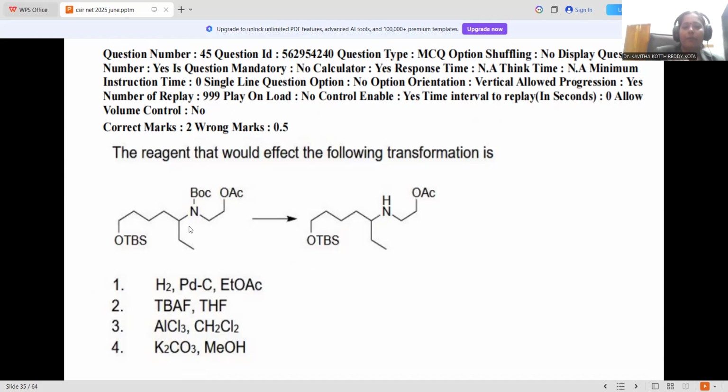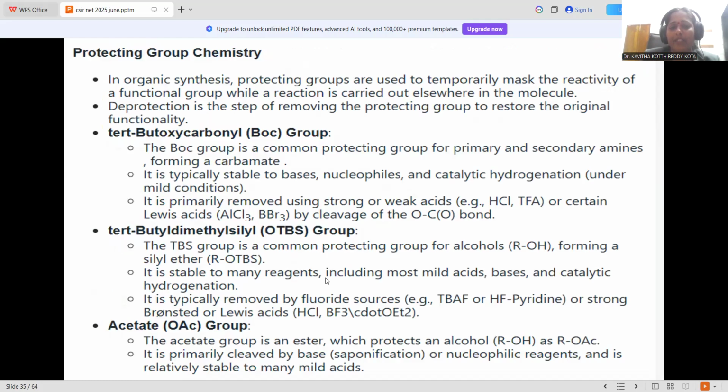Instead, if you protect all the requisite functionalities, only the reacting group is active toward the reagent added, so that the expected product formation takes place. Later on, you can deprotect the capped functionality so that the requisite product formation is possible. This is the purpose of protecting groups.